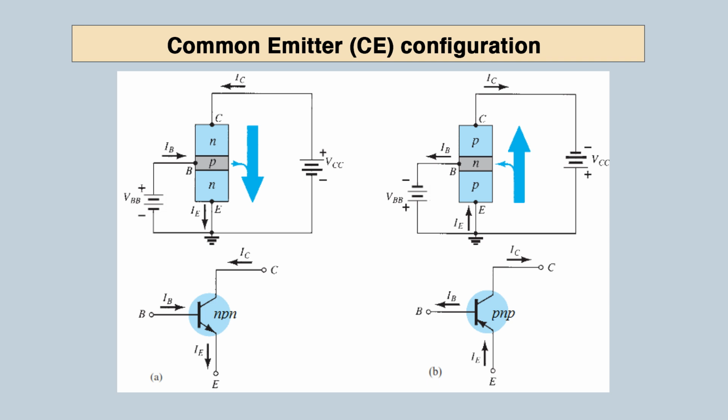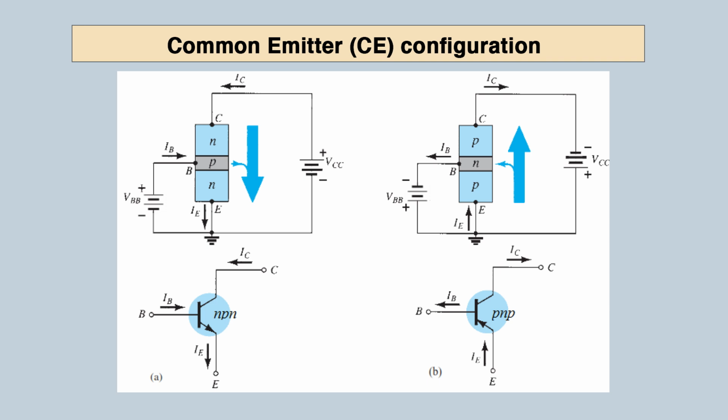Sometimes common emitter configuration is also referred to as CE configuration, common emitter amplifier, or a CE amplifier. Common emitter configuration is the most widely used transistor configuration.